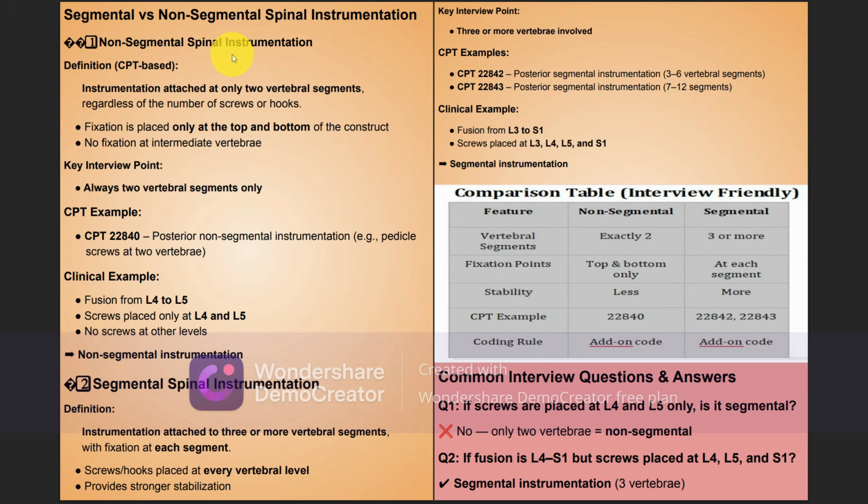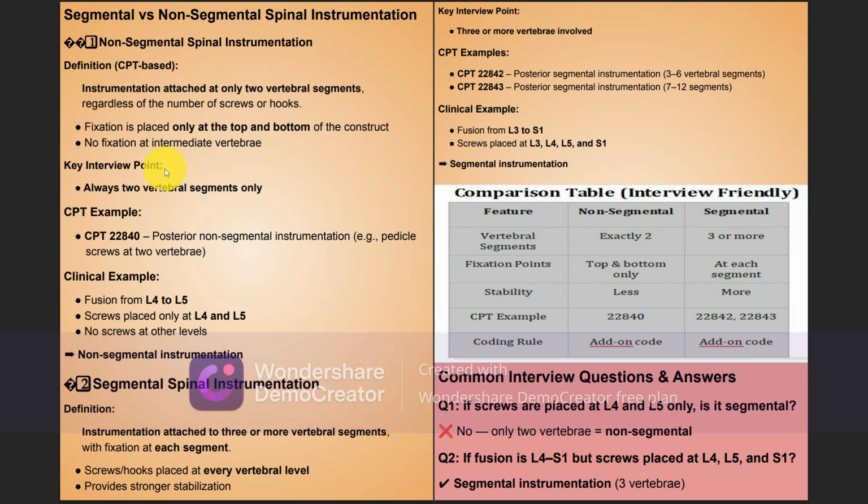Non-segmental spinal instrumentation definition: instrumentation attached at only two vertebral segments, regardless of the number of screws or hooks. Fixation is placed only at the top and bottom of the construct, no fixation at the intermediate vertebrae.